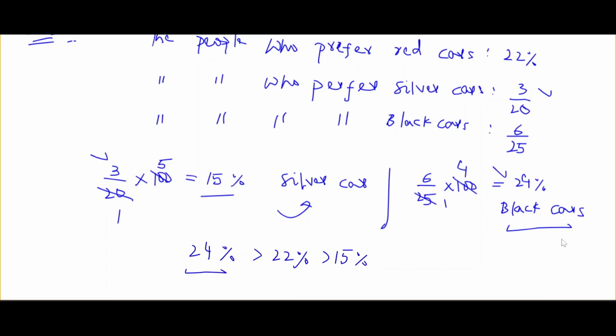So the most popular one is black cars at 24%, then 22% prefer red cars, and 15% prefer silver.